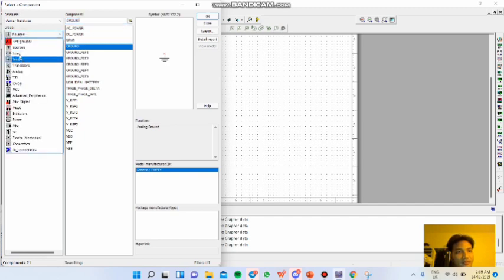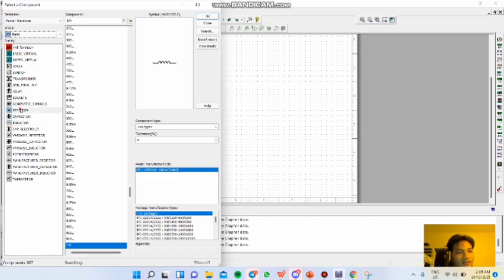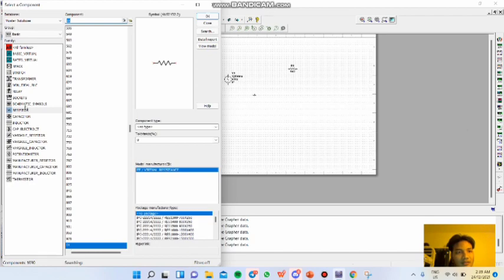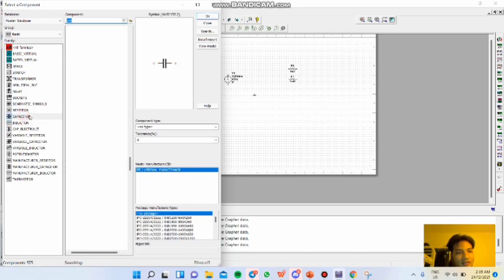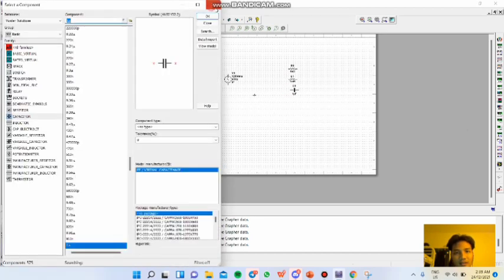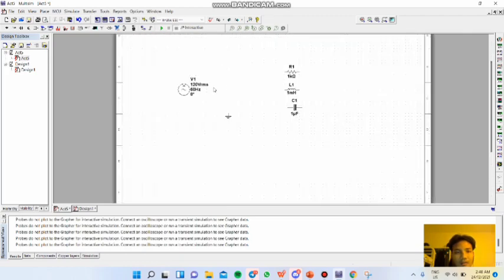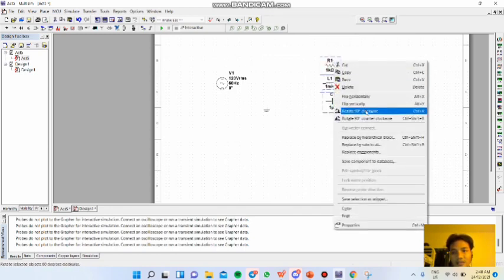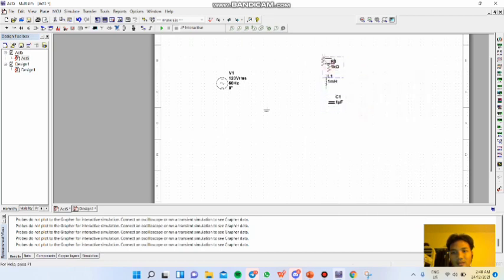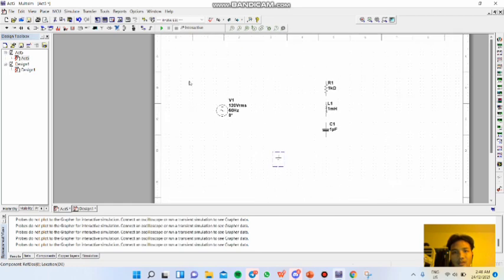Next we need the impedances: first the resistor, then the inductor, and the last one is the capacitor. So we can rotate these three impedances, line them up, and then connect them.